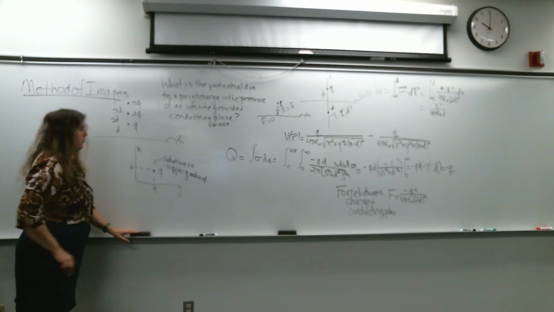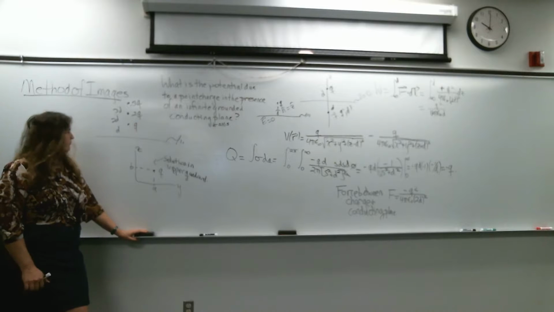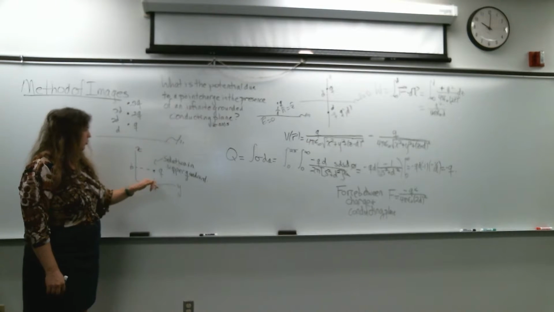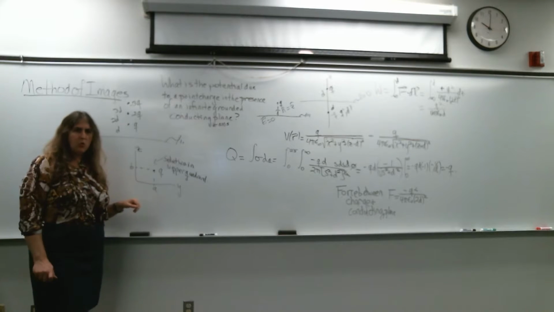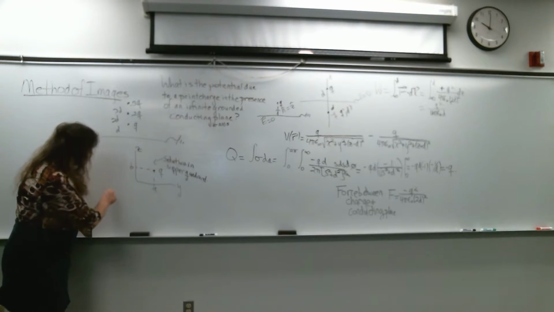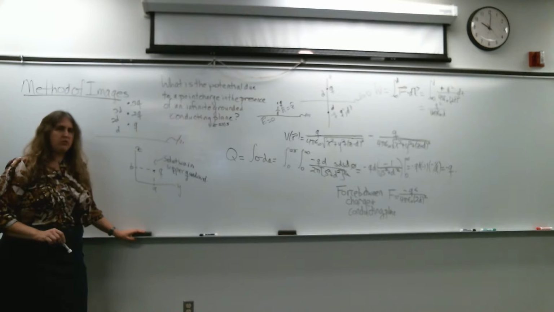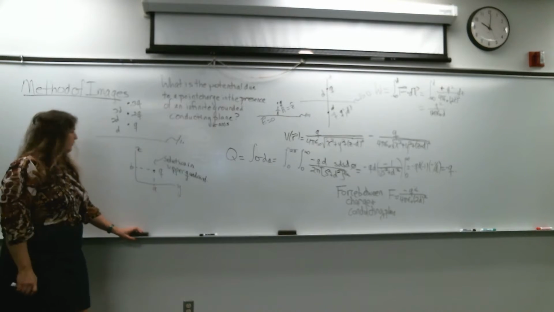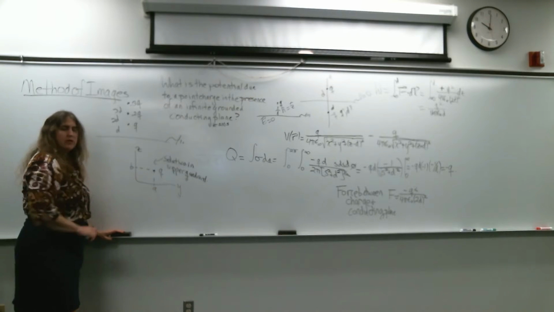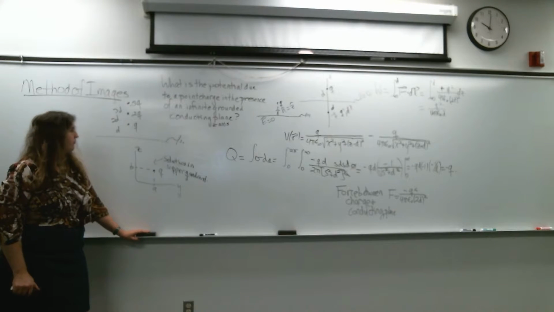Now in this case, when you have the intersection of two infinite conducting planes, you have a nice little corner here. We're looking for the solution in the upper quadrant, so your image charge is actually going to be over here. So just think about the symmetry of the problem and use that as a guide to figure out where they are going to be located, okay?